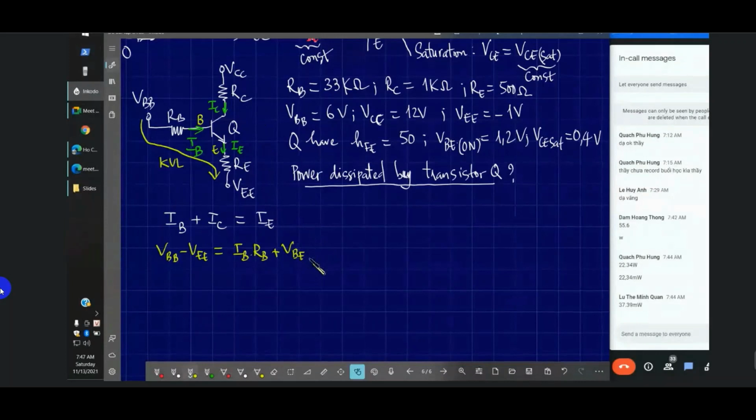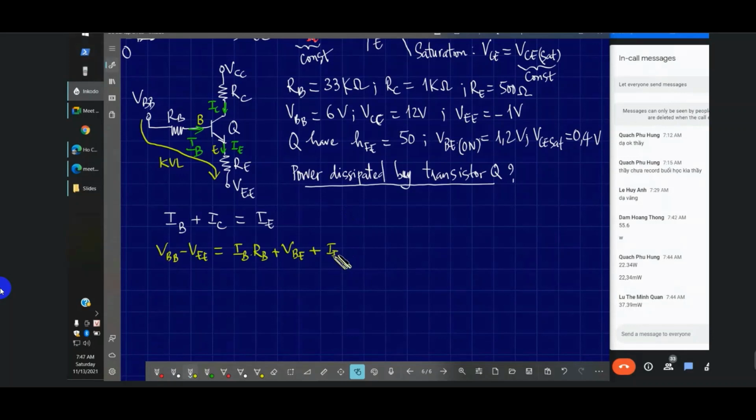For the Q, since there is only one Q, I don't need to write it down. And then the voltage drop for RE, following Ohm's law: IE multiplied with RE.